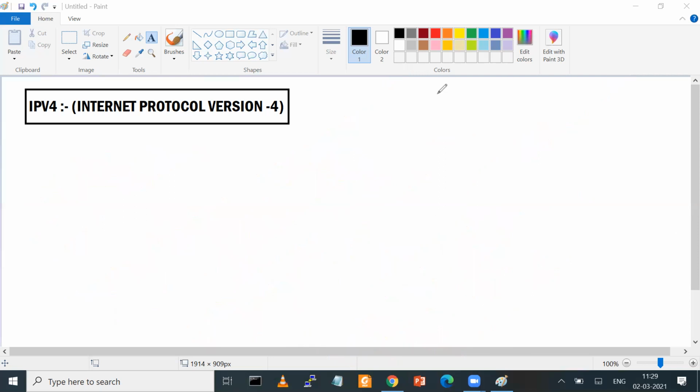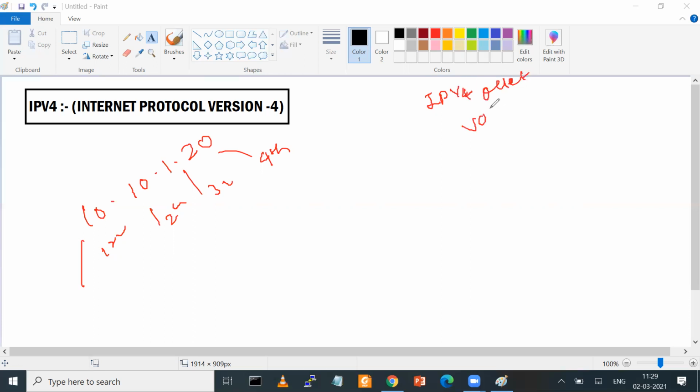For example, the same address मैंने लिखा 10.1.1.20. So this is my first octet. ये मेरा सेकेंड हो गया, ये मेरा थर्ड हो गया, ये मेरा फोर्थ हो गया. IPv4 ऑक्टेट वैल्यूज. IPv4 में जो ऑक्टेट वैल्यूज होंगी वो कुछ इस तरीके से होंगी.